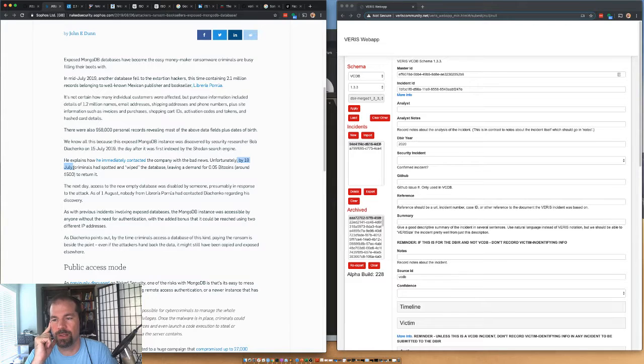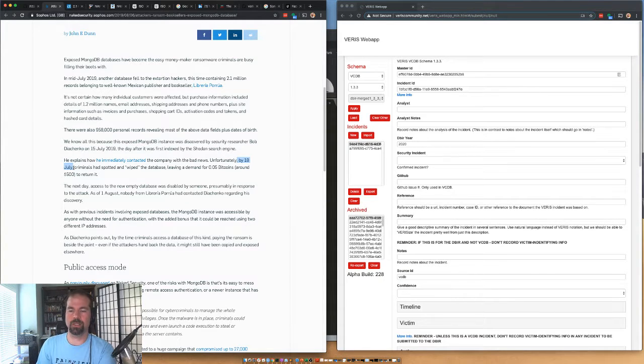Next day, the now empty database was disabled by someone, presumably. So, 1 August, nobody has contacted the researcher regarding his discovery. The previous incident involving the exposed MongoDB instance was accessible by anyone.